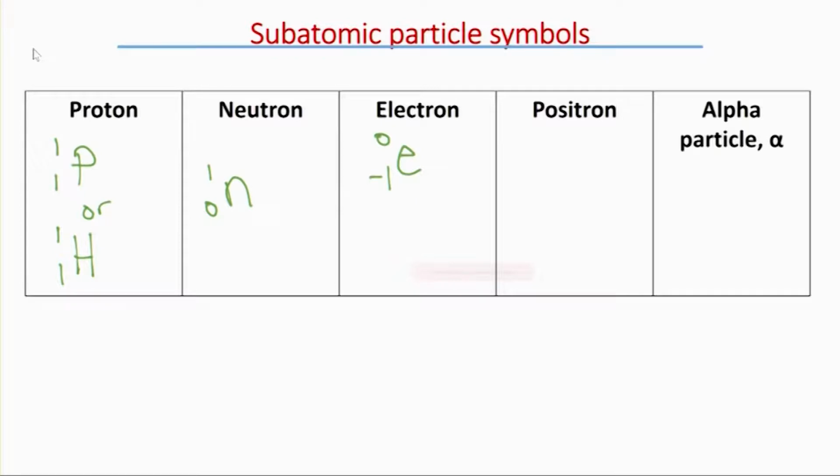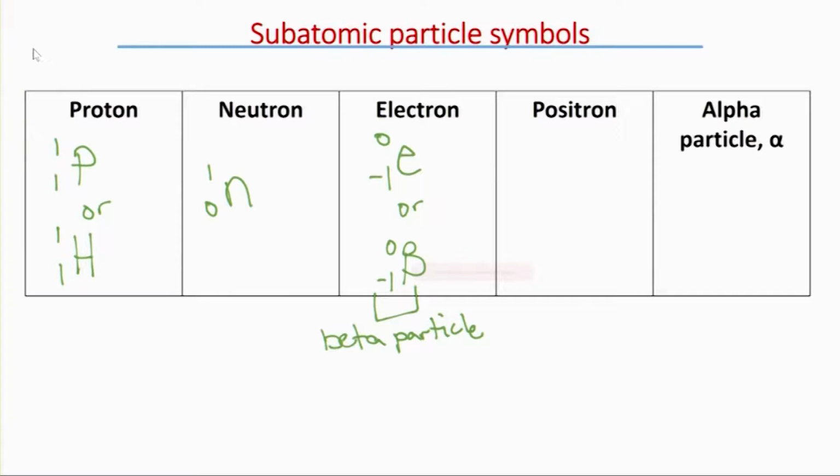Now, another way of writing this, and we're going to see this come up, so this is a little different. You could also write this electron with a B, as a beta particle, and the same symbols, the 0 and the -1. Now we call this a beta particle. And this is identical to an electron, but if this electron comes from the nucleus, we call it a beta particle.